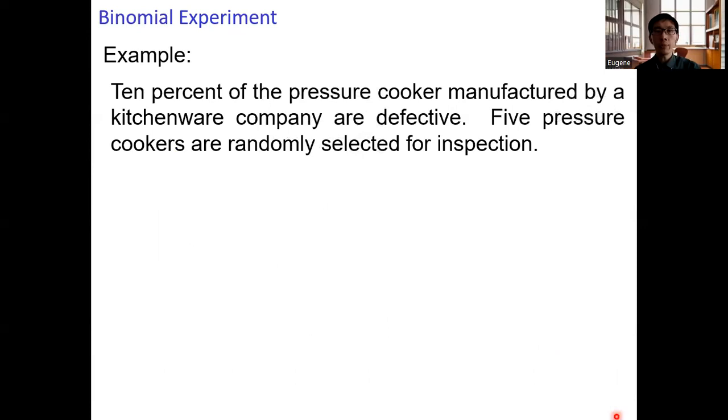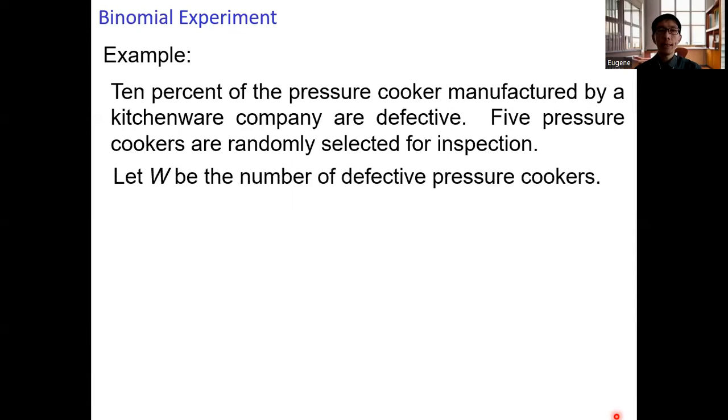Let's take a look at another example. 10% of the pressure cookers manufactured by a kitchenware company are defective. 5 pressure cookers are randomly selected for inspection. Let W be the number of defective pressure cookers. The first condition, the number of trials is 5, fixed in advance.